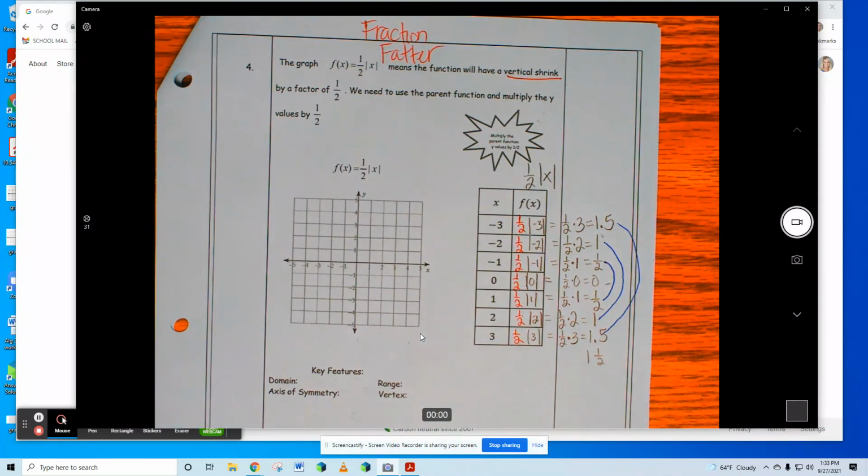All right. You need to graph the parent function first. Parent function is the original V shape. Over 1, up 1 in both directions. Over 2, up 2 in both directions. Over 3, up 3 in both directions.